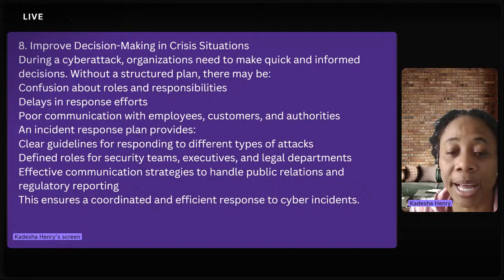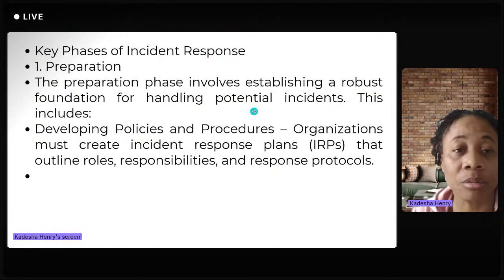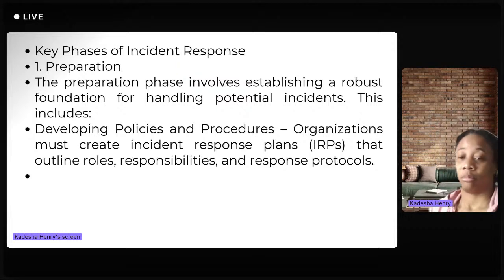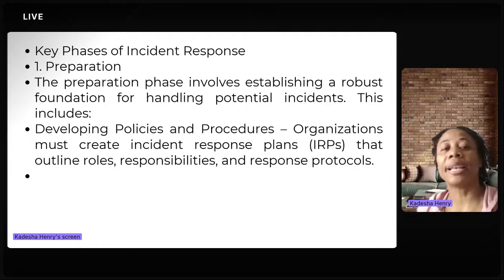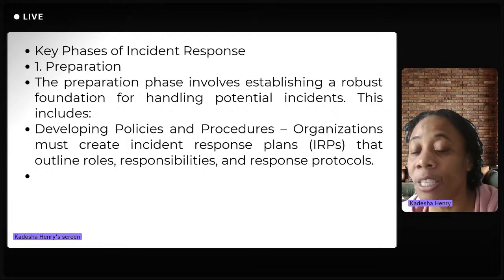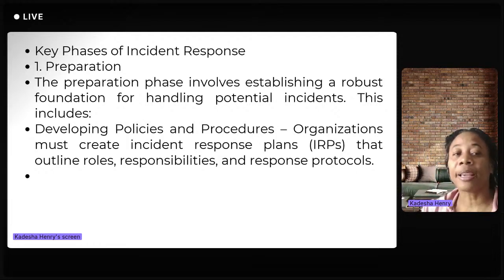An incident response plan is not just something that somebody came up with and said, oh, we just need it. There's a reason. So now we're going to look at the key phases of incident response. There are key phases in an incident response, and we're going to look at those.